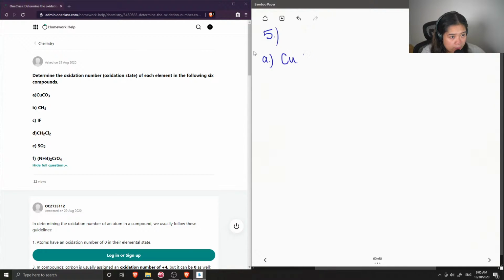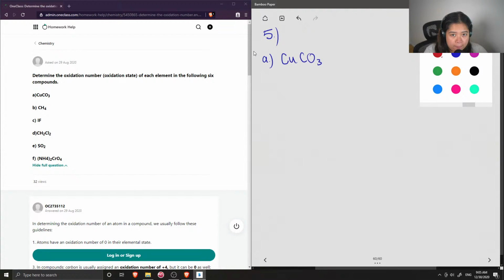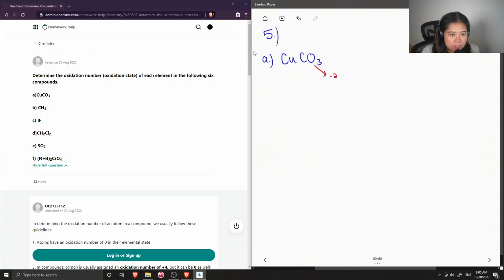We have copper carbonate up first. So recall that oxygens typically have an oxidation number of -2. But since there are 3, its total contribution of charge is -6.